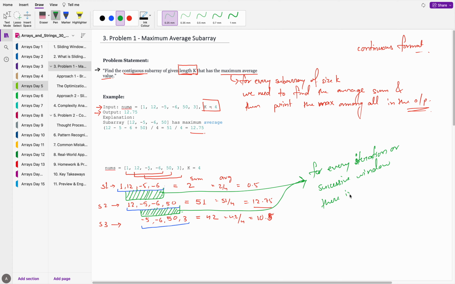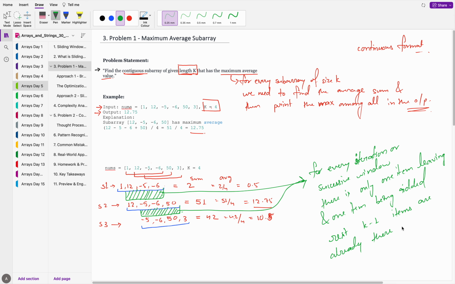There is only one item leaving and one item being added. The rest, k minus 1 items, are already there as they were in the previous window. Yes or no?